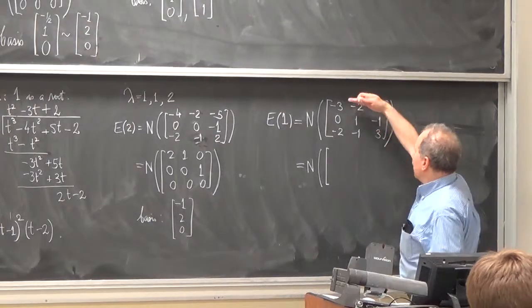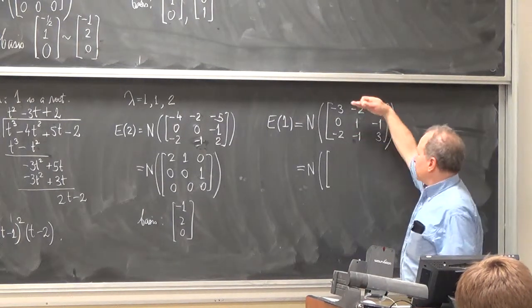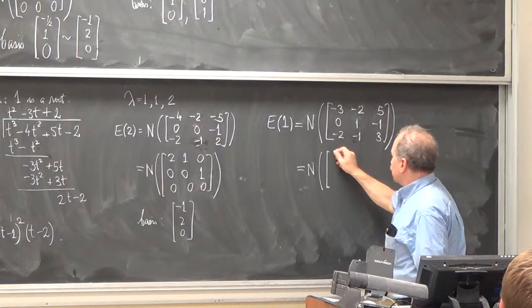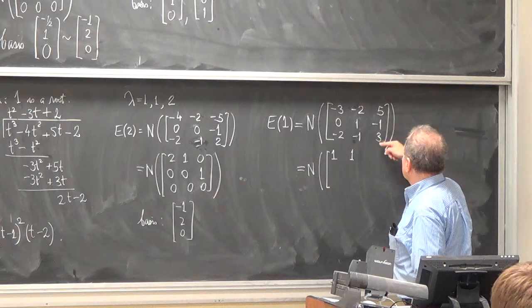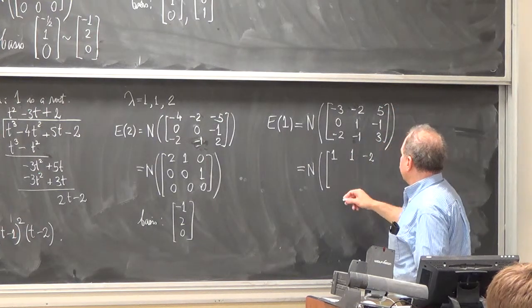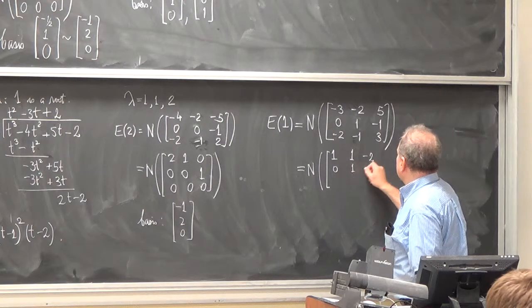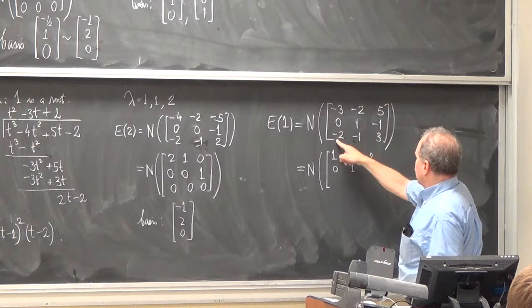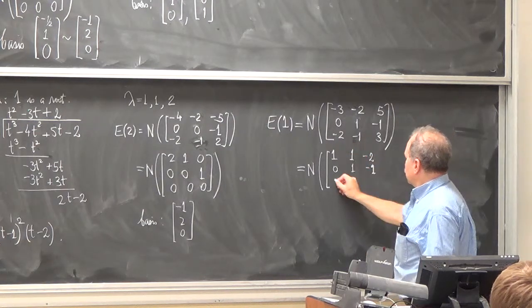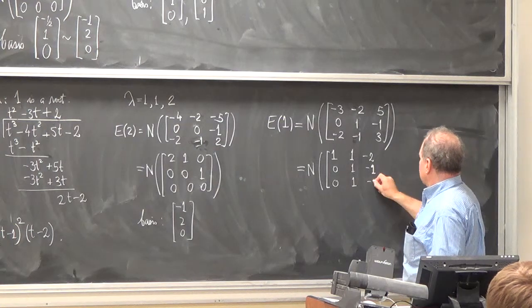So if I add negative this to this, to get a 1, right? The negative of the first row to the third row, and put that here: 1, 1, negative 2, 0, 1, negative 1. And now if I use this guy to kill off the negative 2, I get, aha.